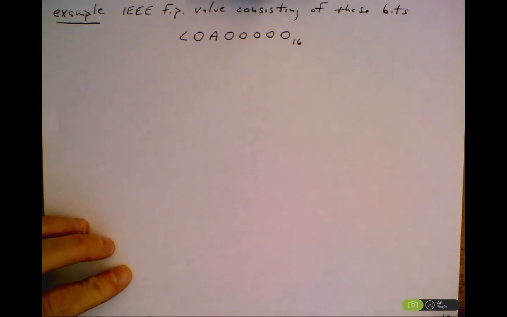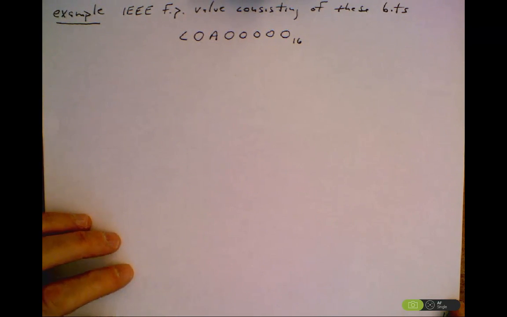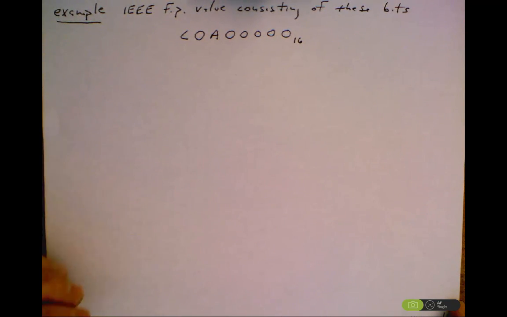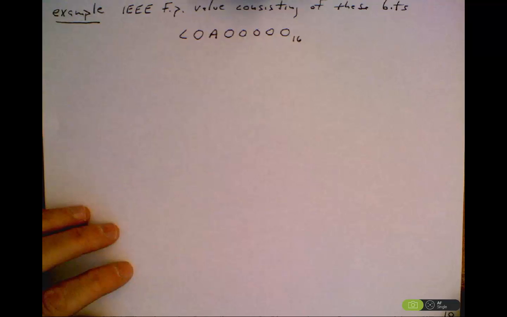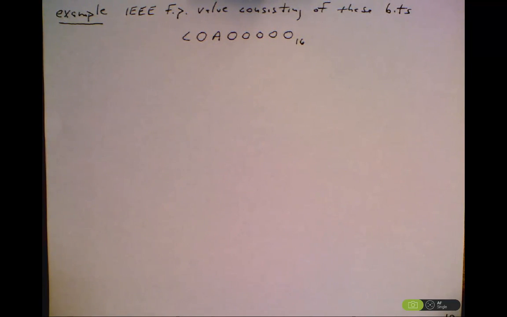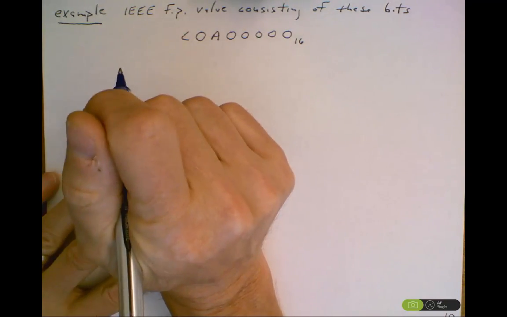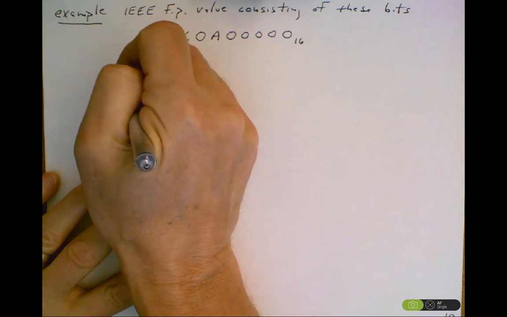Somebody has to tell us an interpretation, and so in this case, I'm saying look at those bits and interpret it as an IEEE single precision floating point value. Tell me what that number is in decimal. So now we've got to do a decode. There's really no other way to do this but to go to the bits. So let me write the bits out.